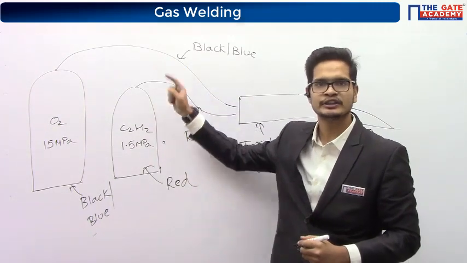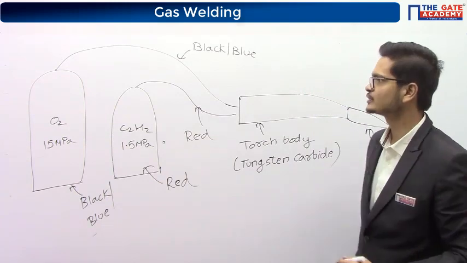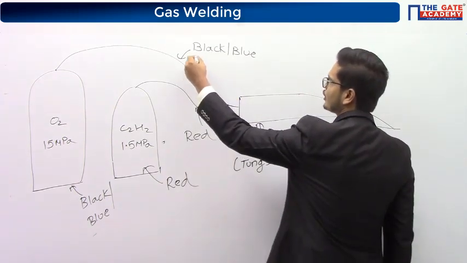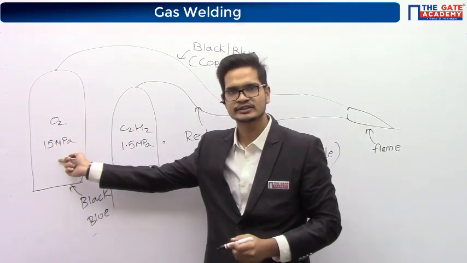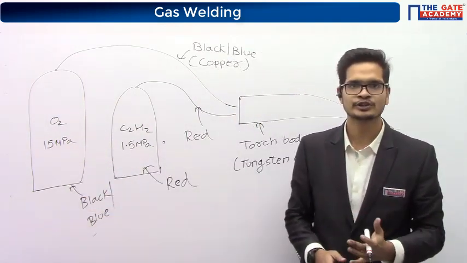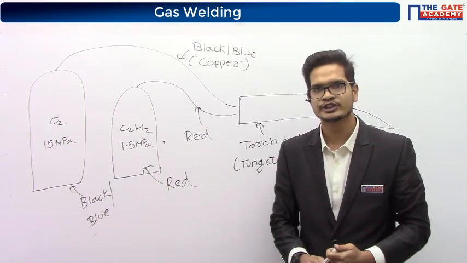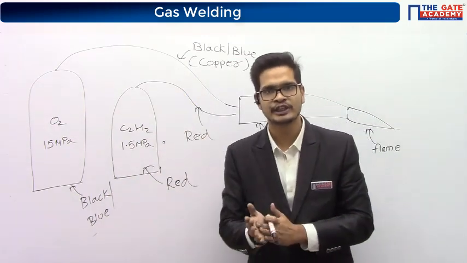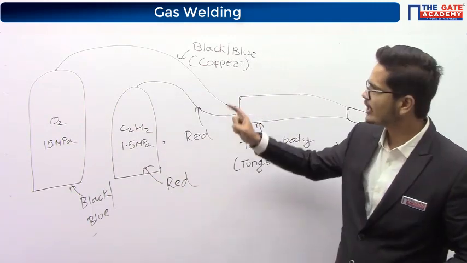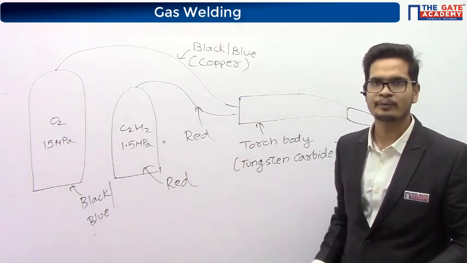This oxygen cylinder pipe is made up of copper. Why copper? Because since the pressure is high, we need good strength. Along with good strength, since this is a pipe, we need good flexibility also. That's why this pipe is made up of copper.